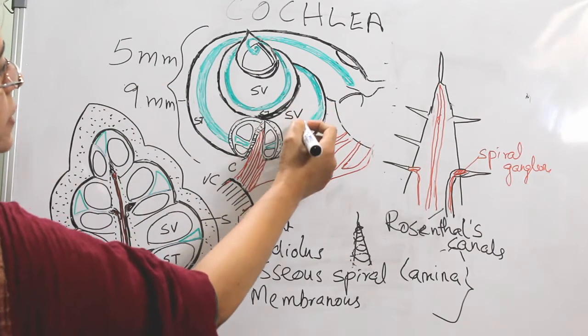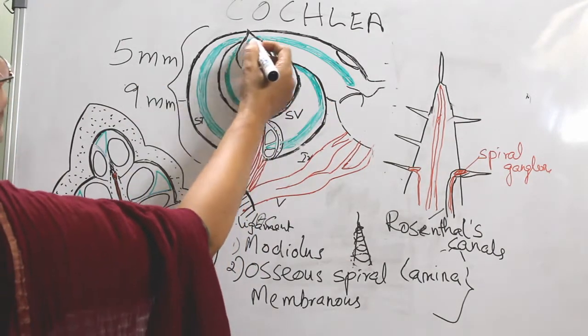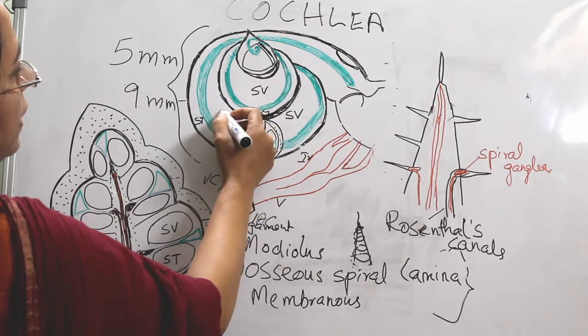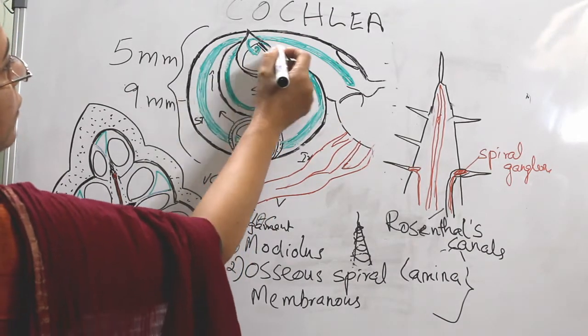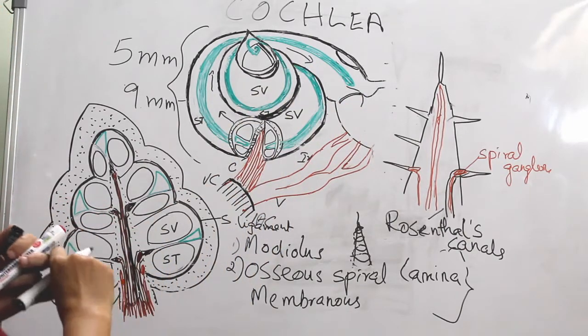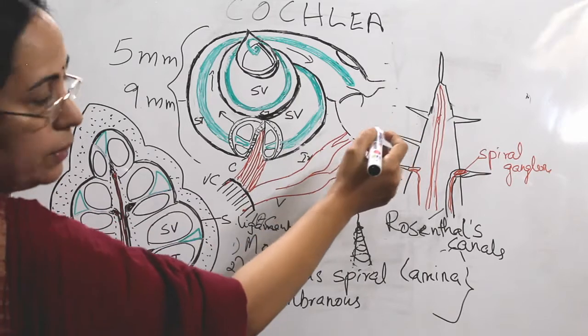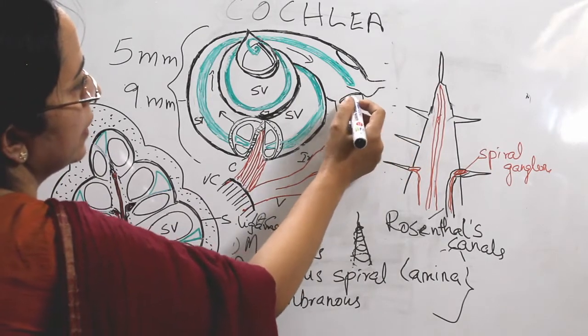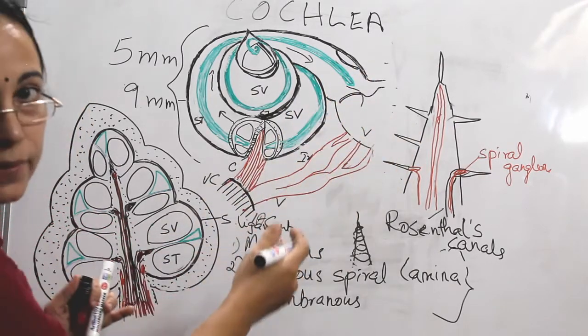So this scala vestibuli winds around and comes towards the, what is here? Vestibule, right? It is continuous with the vestibule.